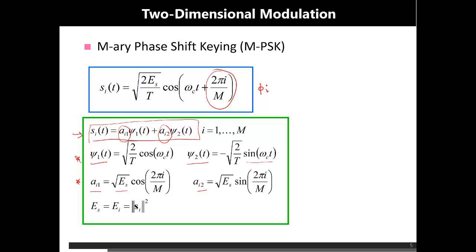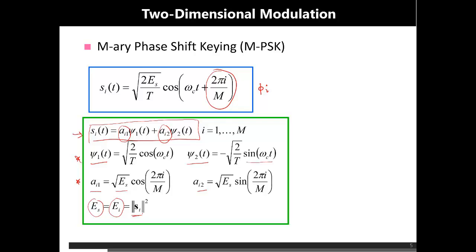Now, one important point to keep in mind is that the energy of each symbol in the case of M-ary PSK will be the same because the amplitude is not changing. That is why the symbol energy will be equal to the ith symbol energy, obtained through the square of the norm of the ith symbol vector. That is the difference between PSK and ASK.